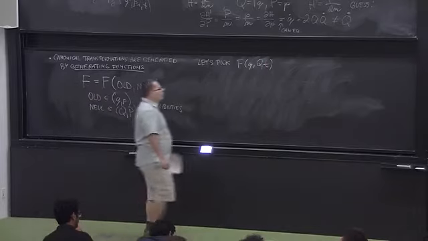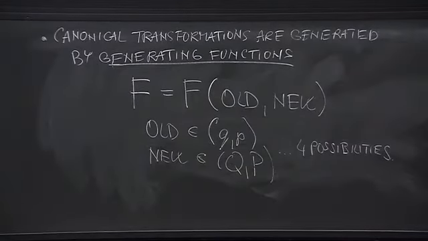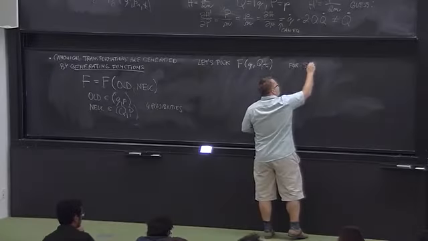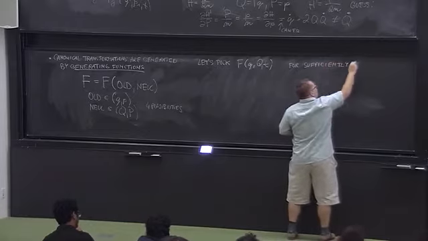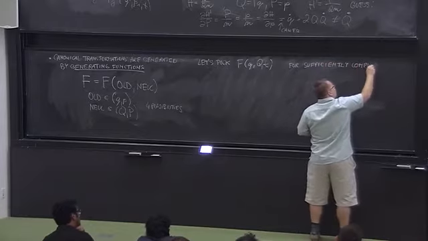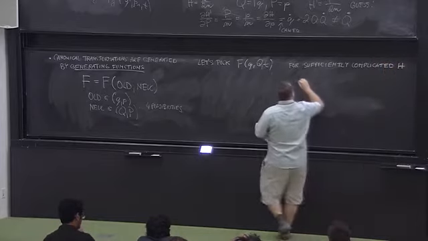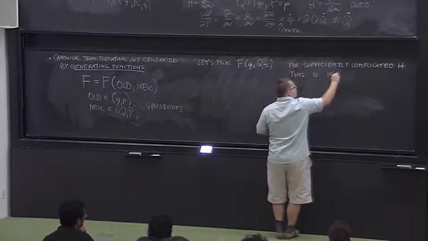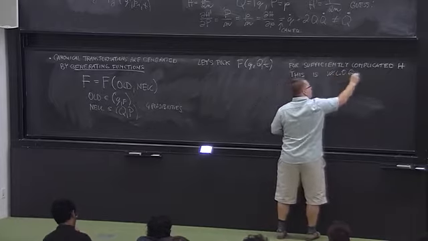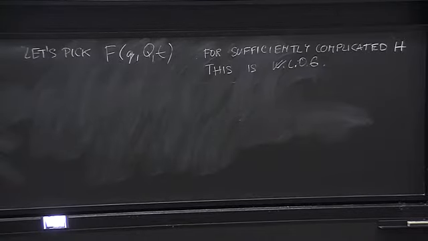So this is for sufficiently complicated H, this is without loss of generality, because if you pick the other ones, you would just get the Legendre transform of whatever we are getting here.